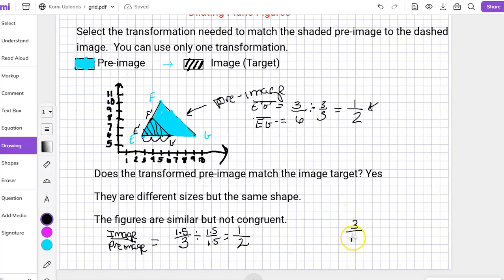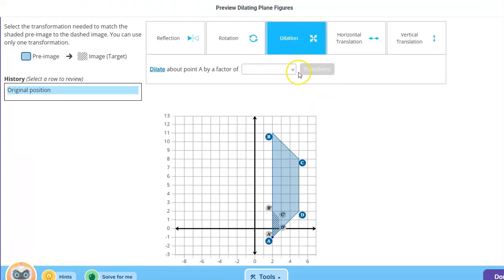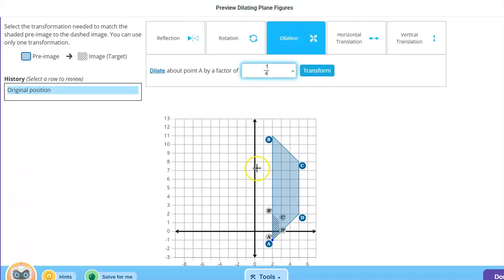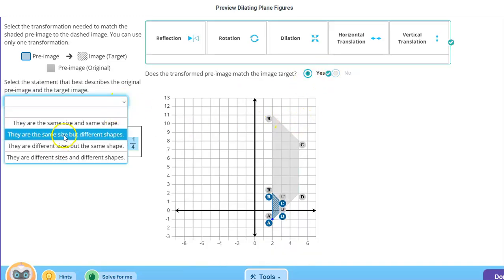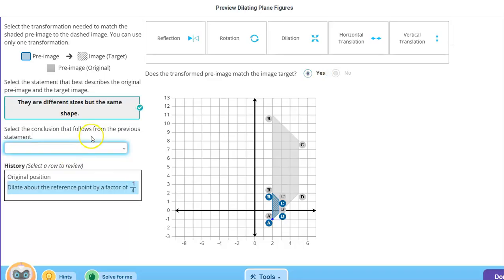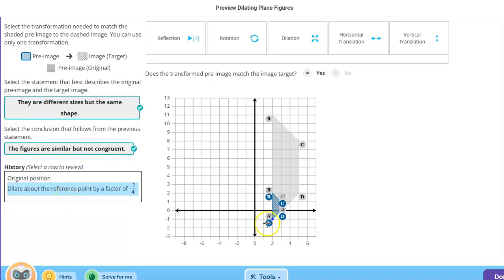So it's 3 over 12. 3 can go into both of these numbers. 3 divided by 3 is 1. 12 divided by 3 is 4. So that means that this is a dilation of 1/4. Okay, this is going to be yes. They are different sizes, same shape. They are similar but not congruent.